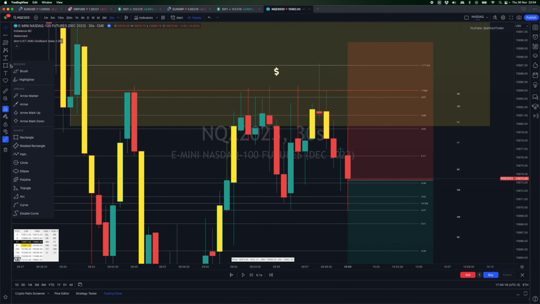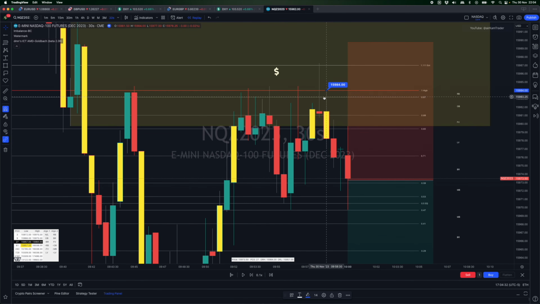And look how accurate Goldbach is. So if we use the price tool, we can see that the next candle after the sweep rejected at this value, which is the exact high price, the high of the dealing range.